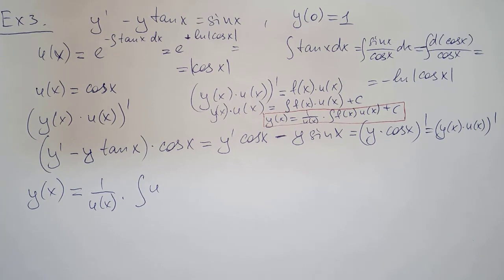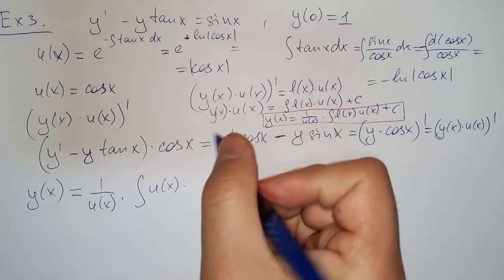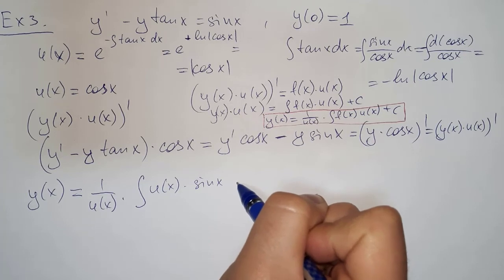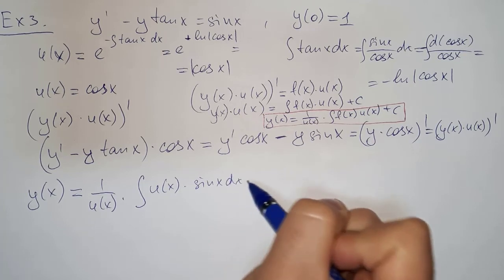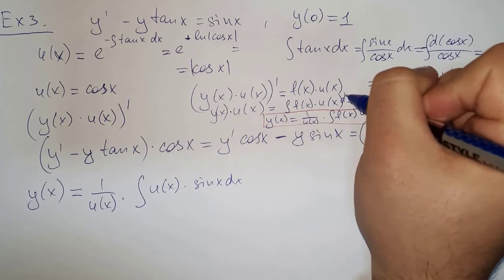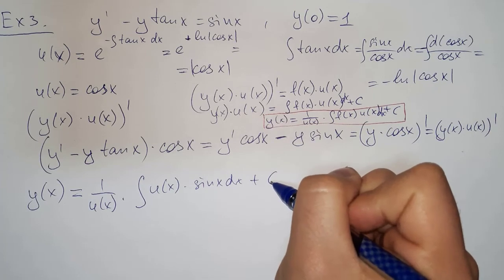Here we have u of x times f of x, where f of x is sine x, and dx, of course, plus a constant.